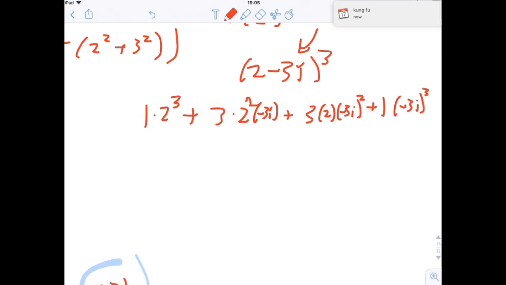So let's simplify this. So this will be 8. This will be negative 4 times 3 times 3. So it'll be 4 times 9, which is minus 36i. And then the next term is going to be 3 times 2, which is 6, times negative 3 times negative 3, which is 9, is 54. 54i squared, which is negative 54.